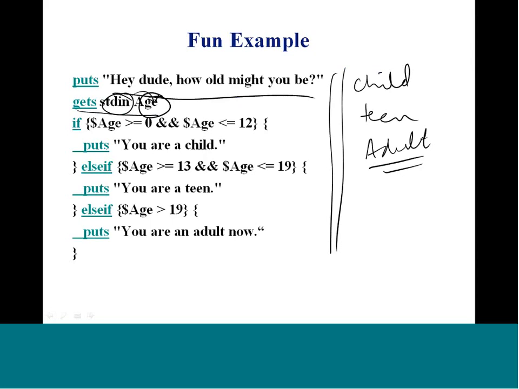Then it just examines that variable. If age is greater than or equal to 0 and less than or equal to 12, then it prints out that you are a child. If age is greater than or equal to 13 and less than 19, then it says you are a teen. And finally, if age is greater than 19, then it says that you are an adult.